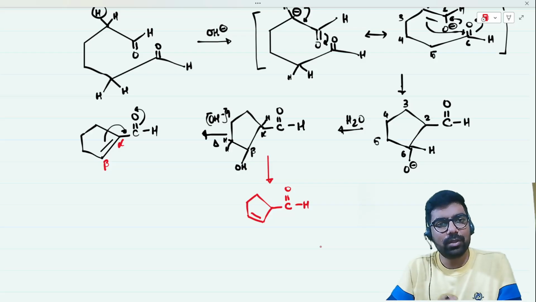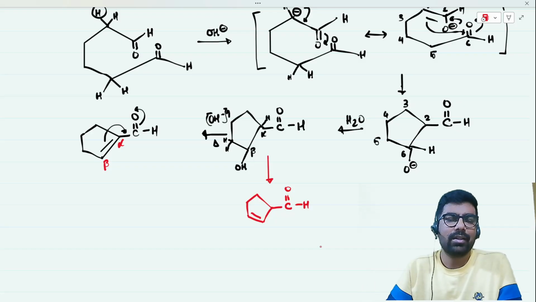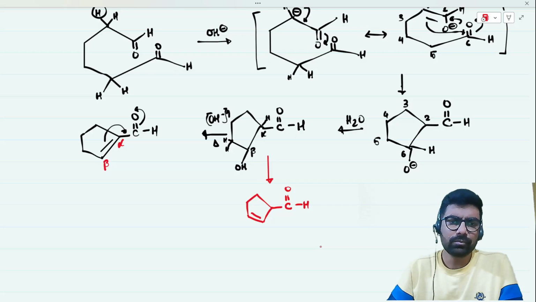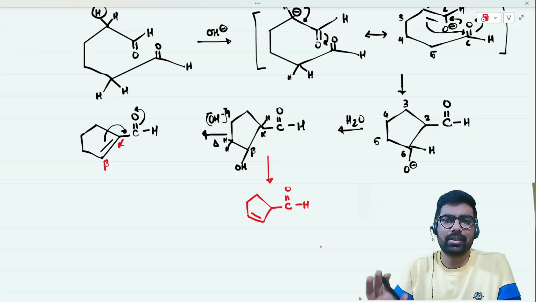So you have to know the basic concept, and you have to know how to apply it. That is why the mechanism is important, because you won't be able to remember so much in the examination hall. Right? If you are going by rote learning, you won't be able to remember this. But if you are going by conceptual clarity, then everything is a cakewalk.